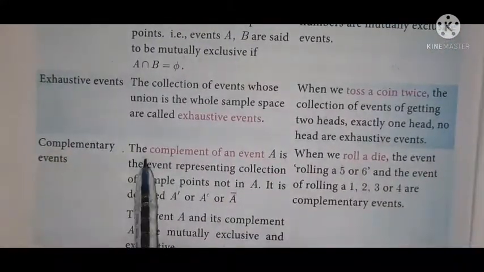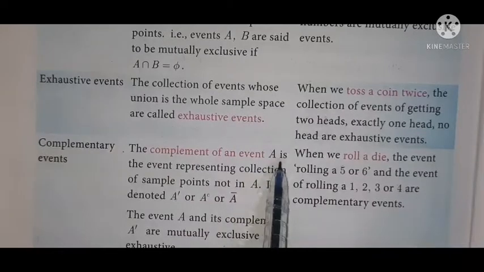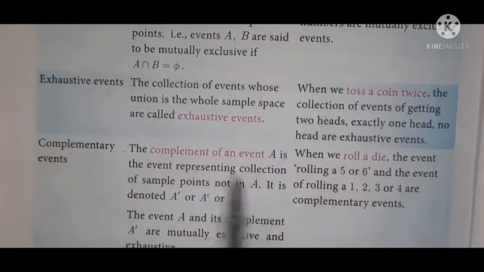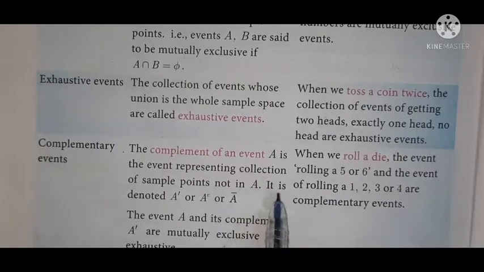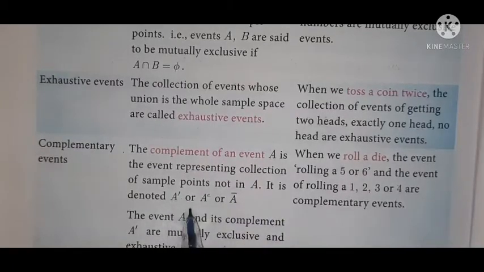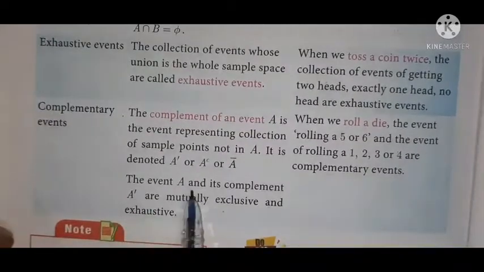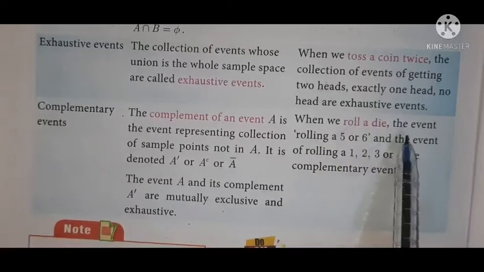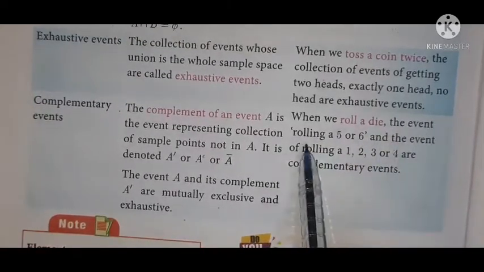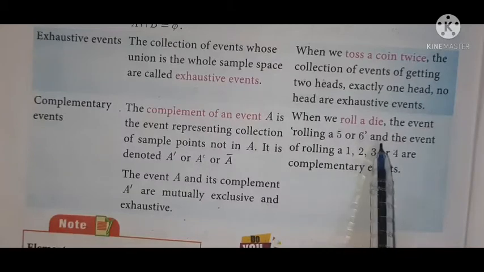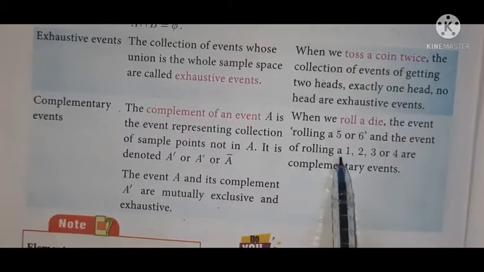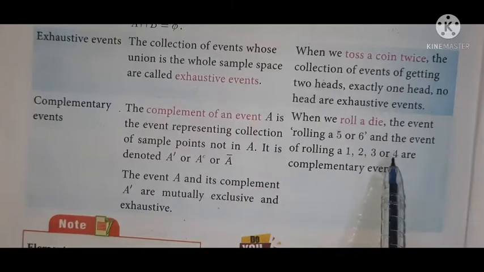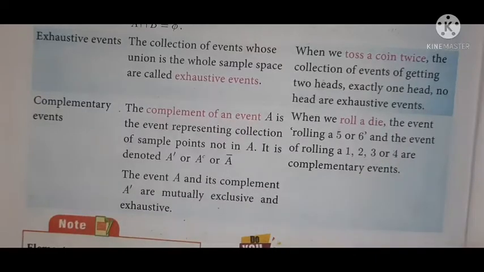Complementary events. The complement of an event A is the event representing the collection of sample points not in A. It is denoted by A dash, A power C, or A bar. The events A and its complement A dash are mutually exclusive and exhaustive. When we roll a die, the event of rolling a 5 or 6 and the event of rolling a 1, 2, 3 or 4 are complementary events.